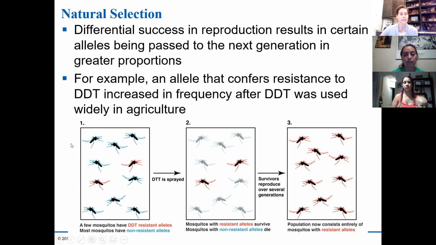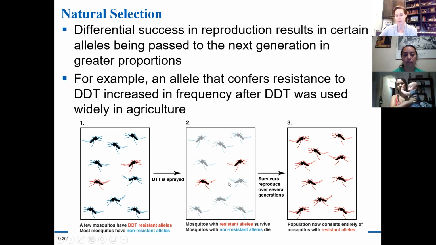We spray DDT, and all of these blue mosquitoes die. They are susceptible, they get sick, and they die from the pesticide. But there's a handful in the population that don't die for whatever reason. They're resistant to the pesticide. It doesn't affect them in some way. And so these two are left to continue to breed and pass that gene on to their offspring.